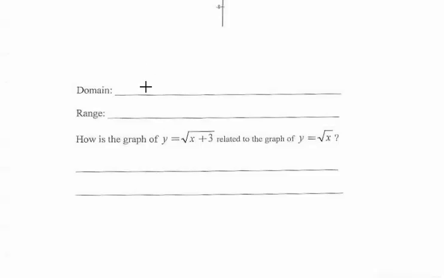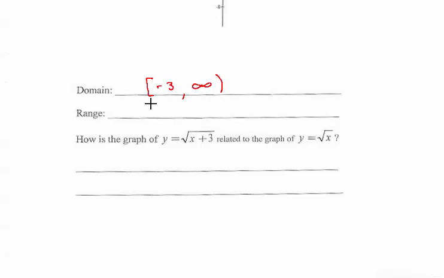Alright, what about the domain? Well, we shifted it to the left. So we're going to pick up more values of our domain. With respect to x, the function now starts at negative 3 and goes to infinity toward the right.